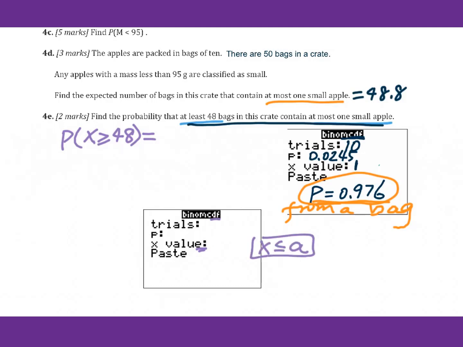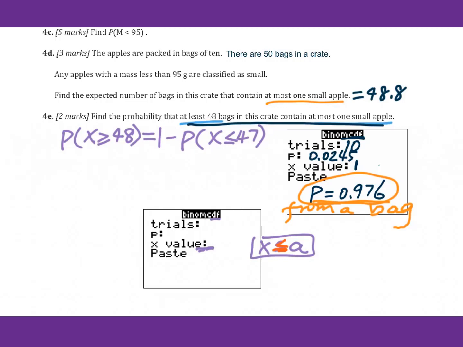Like this, you can put into this number. Therefore, you have to turn it into 1 minus probability x less than or equals to 47. Make sure you do have this equal sign when you put into this binomial CDF.